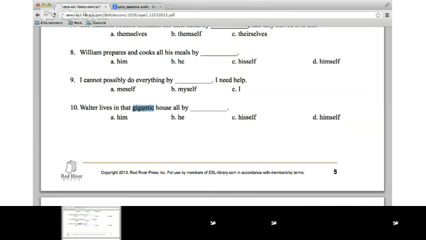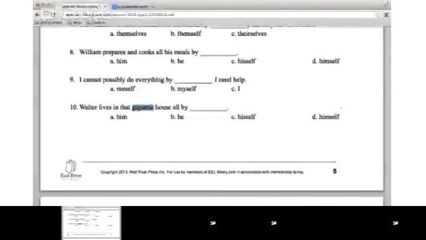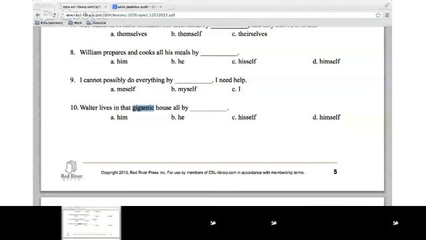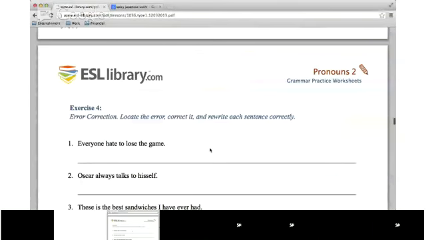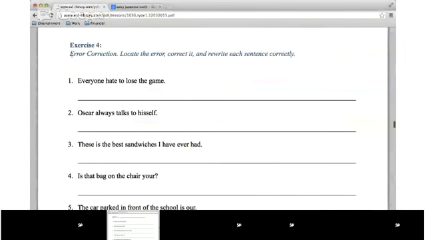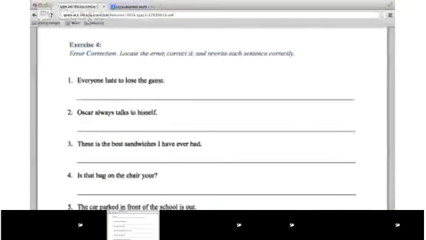Any other questions at this point, class? Nope. Okay, let's keep scrolling. You guys are doing very good. We're now going to go into what's called error correction. We're not going to rewrite the sentences. I'd like for you to tell me what we need to do to correct the sentences. Now, class, this isn't going to only be with regards to pronouns.